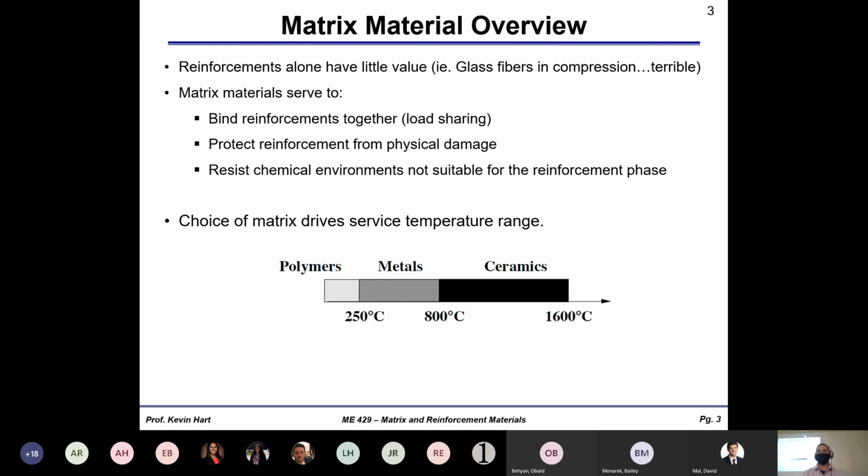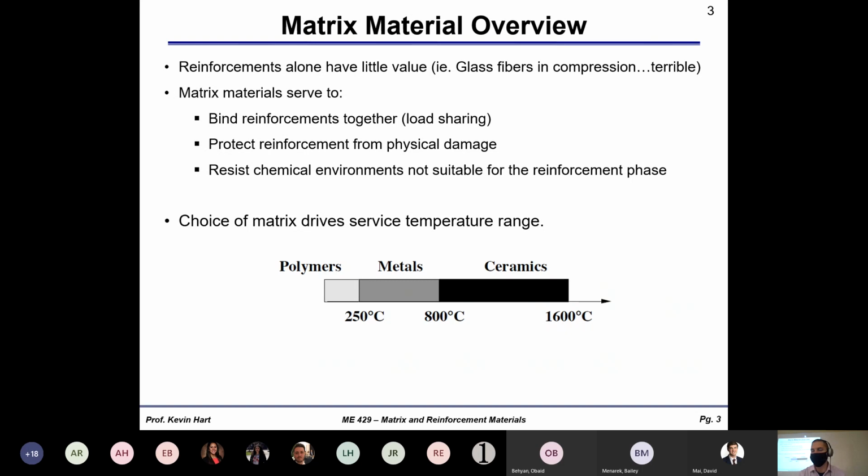Ceramic fibers like glass are particularly prone to fracture, so you need a tougher material to protect that glass. So the matrix helps increase the toughness of the reinforcement generally. Also, matrix materials generally are more chemically resistant than the fibers. That's not always the case.